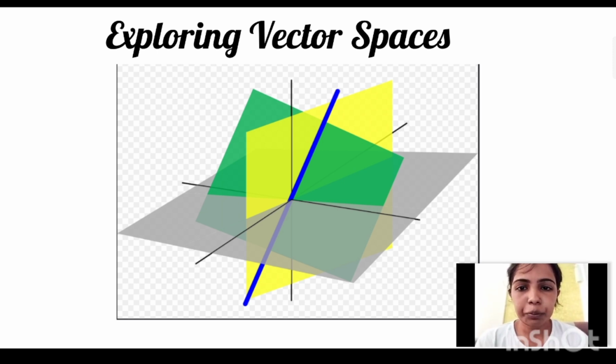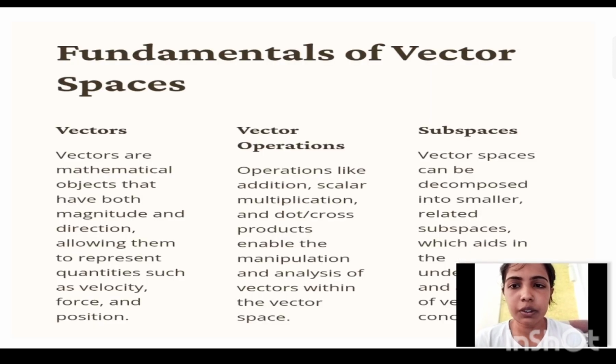So here it goes. The first thing in this topic is the fundamentals of vector space. Vectors are mathematical objects that have both magnitude and direction, allowing them to represent quantities such as velocity, force, and position. Vector operations like addition, scalar multiplication, and dot or cross product enable the manipulation and analysis of vectors within the vector space.